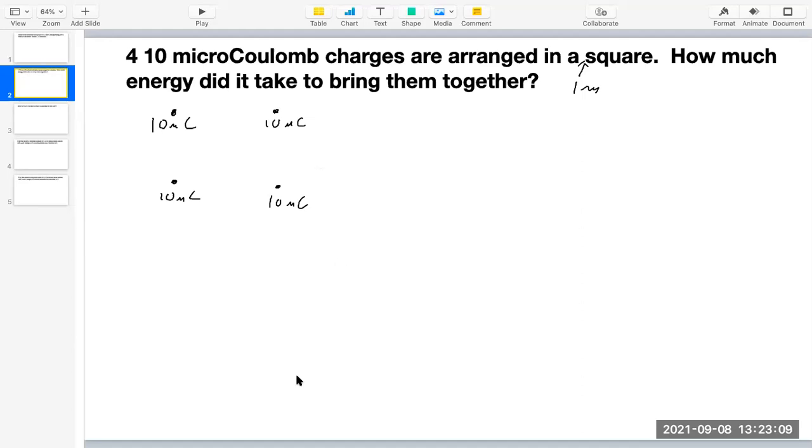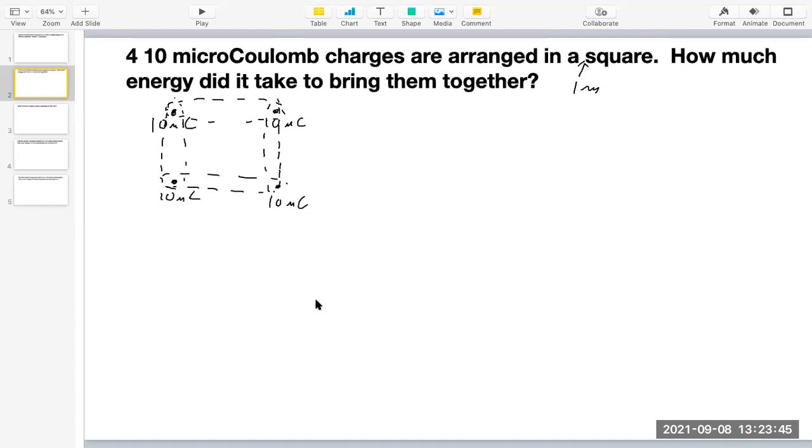So how many pairs are present? A lot of the pairs are going to end up being exactly the same. So we've got the ones where you've got a pair of these charges that are 1 meter from each other, and we had 4 of those.